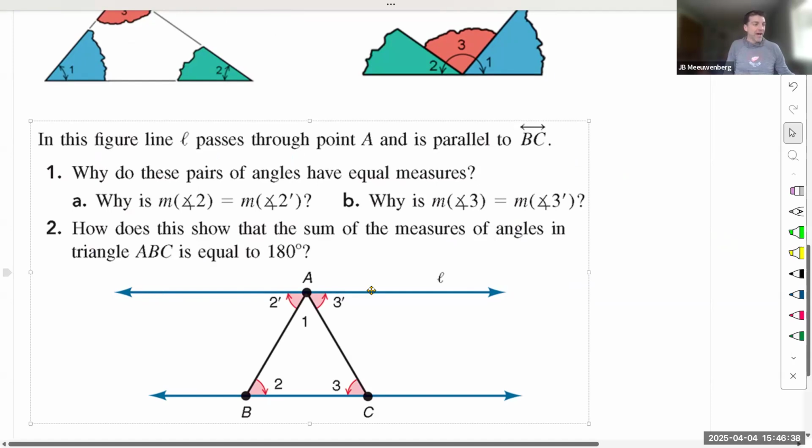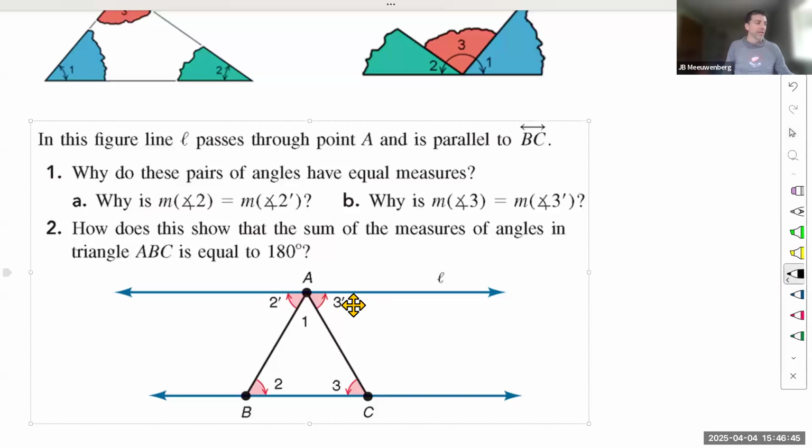Line L passes through point A, and it's parallel to line BC. So we have 2 parallel lines. And then we'll note that we have this triangle, ABC.